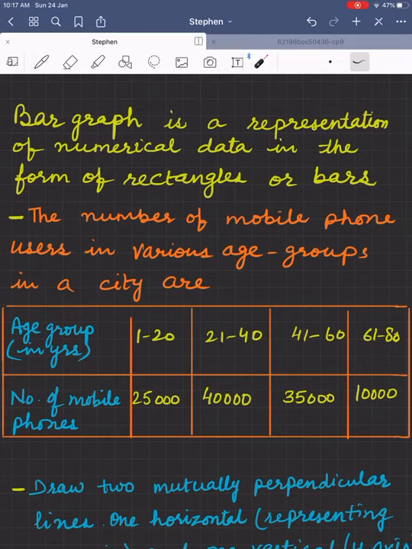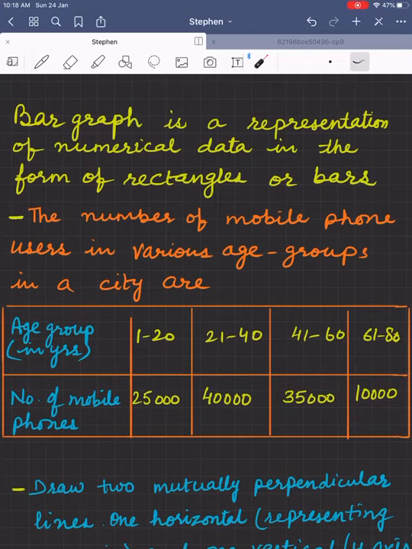In the age group of 1 to 20 years, there are 25,000 mobile users. In the age group of 21 to 40 years, there are 40,000 mobile users. In the age group of 41 to 60 years, there are 35,000 mobile users. And in the age group of 61 to 80 years, we have 10,000 mobile users.